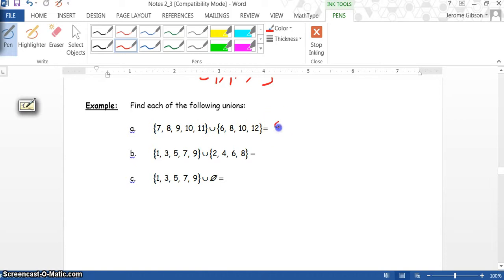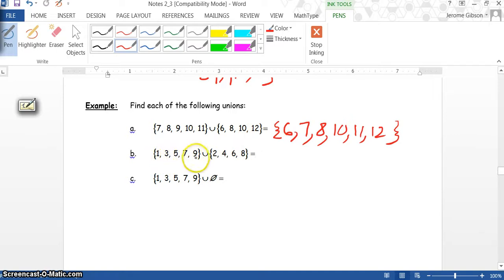Now, let's start with the lowest number. Well, it really doesn't matter the order, but I just like to put it in order. So we have 6, 7, 8, 10, 11, and also 12. Now this contains all of these elements. So we have our 6, 7, 8, 9, 10, 11, and 12.